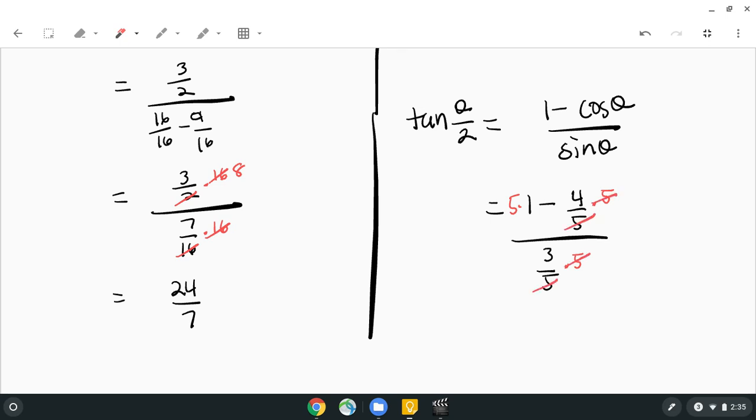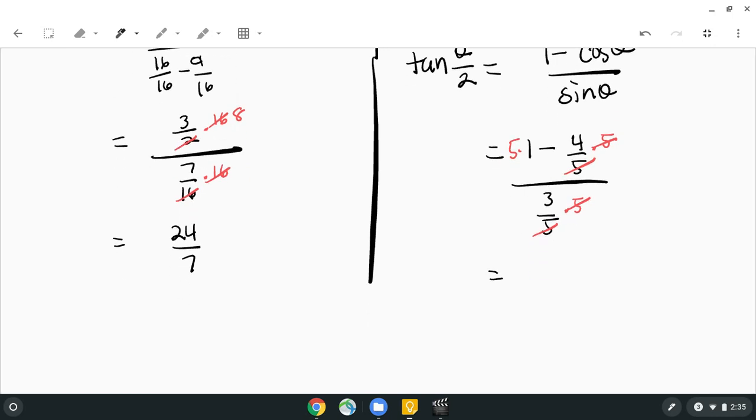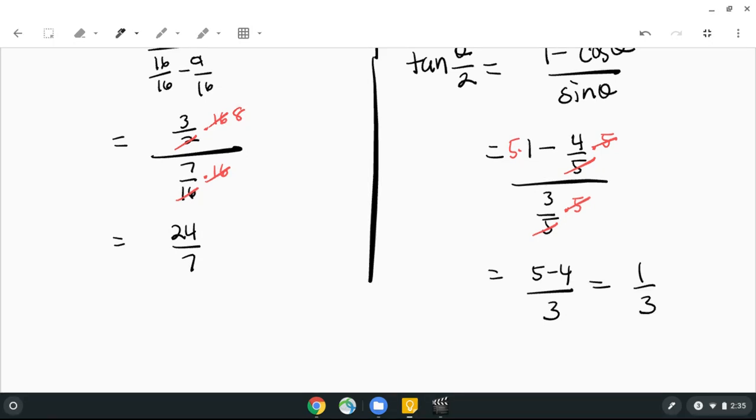And then that will give me 5 minus 4 over 3, which is 1/3. And with the tangent, we don't have square roots or anything, so we don't have to worry about plus or minus square root. Whatever sign you get there, that's the sign.